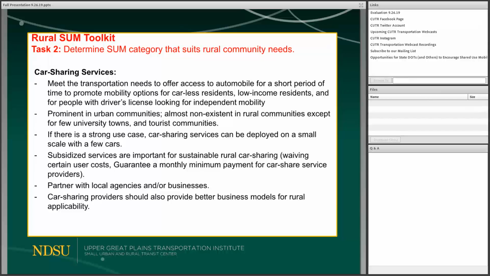If a car sharing service has a strong use case in a rural community, it could be implemented on a small scale, and it is useful if this service could be subsidized so it could be an affordable option for rural residents. As of now, car sharing providers do not have proper business models for rural communities, so developing car sharing business models tailored for rural communities could also help in multiple deployments.